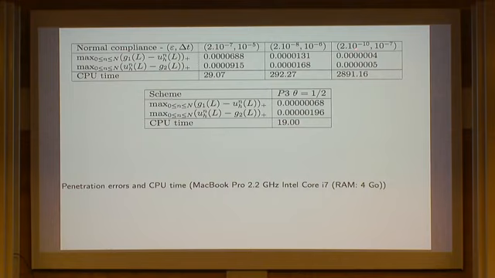And for this value, for instance, of epsilon, we need to choose values of delta t given by 10 to the power minus 7. Of course, the smaller delta t, the bigger the CPU time. And we can see that for values of the penetration which are of the same order as those obtained with the scheme, we need to choose delta t 100 times smaller, since here we still have delta t equal to 10 to the minus 5. And the CPU time is more than 150 times larger.